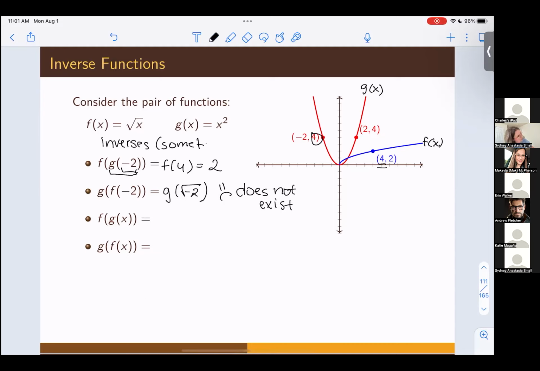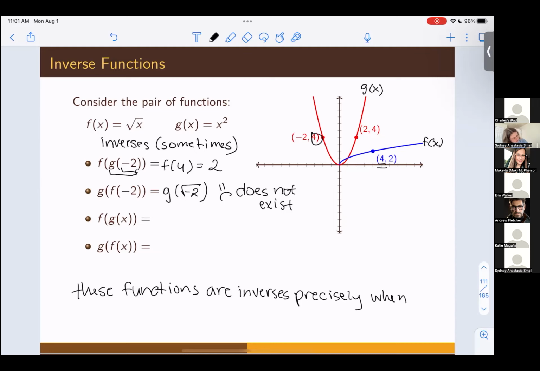In fact, these functions are inverses precisely when the square root of x is defined.